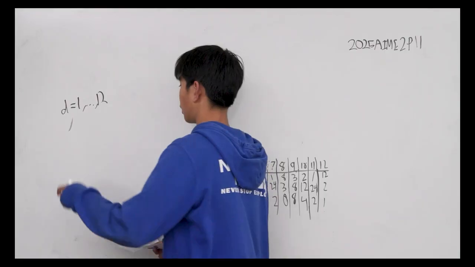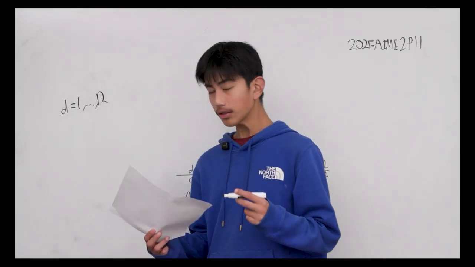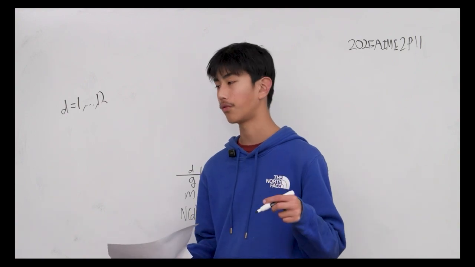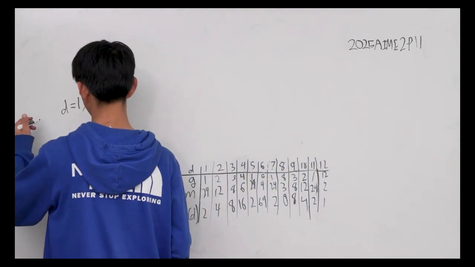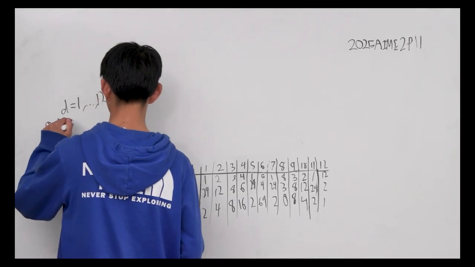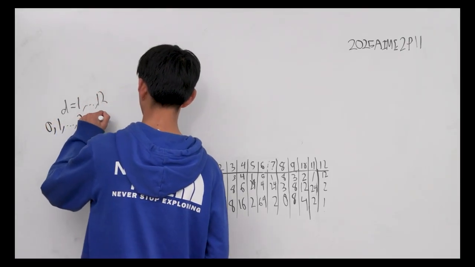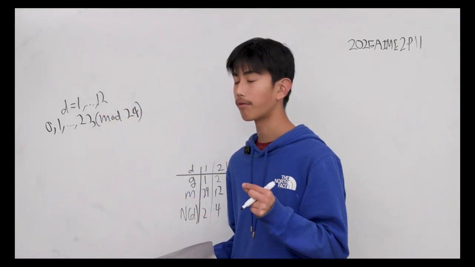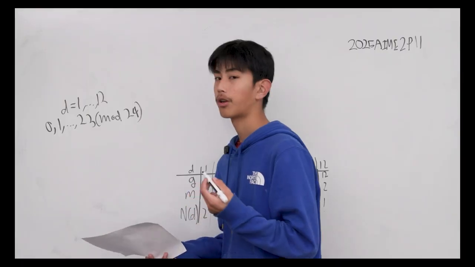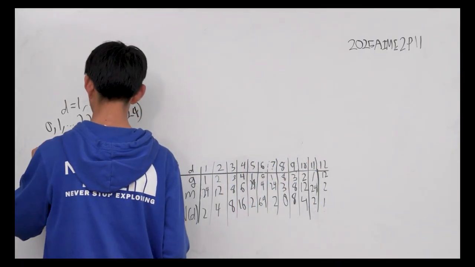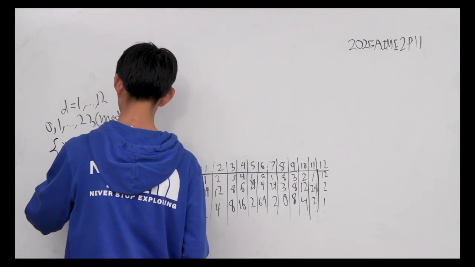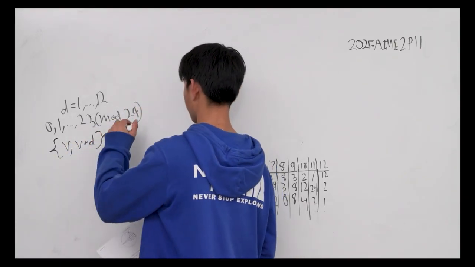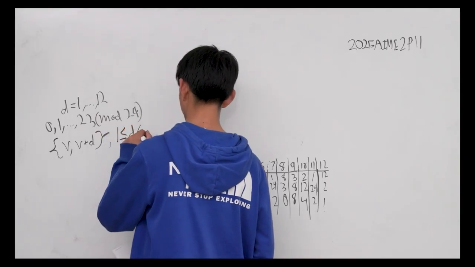Now what we can do is we can let all the vertices of the 24-gon be set to 0, 1, all the way to 23 mod 24. Now notice, for any chord of equal length, we're going to have the pair V, comma, V plus D, where D is greater than or equal to 1 and less than or equal to 12.